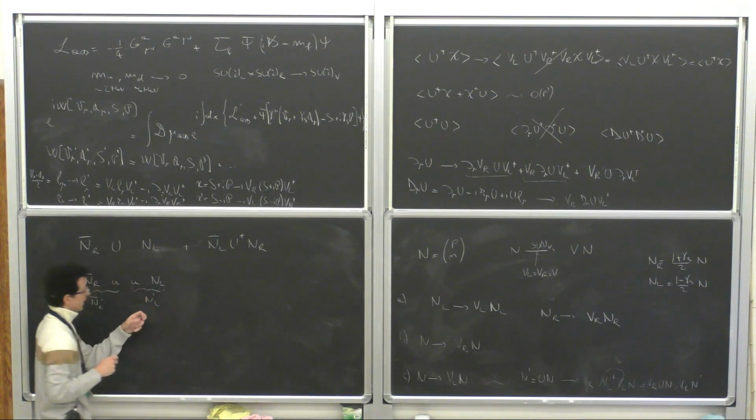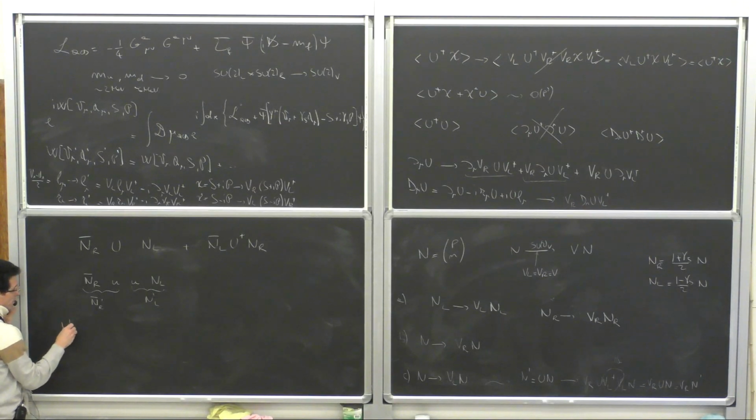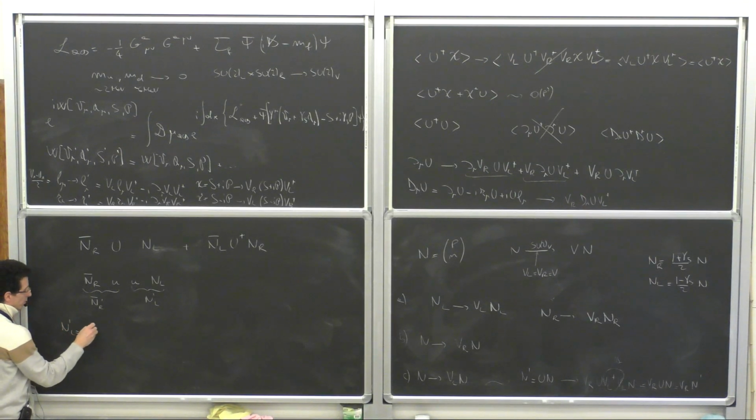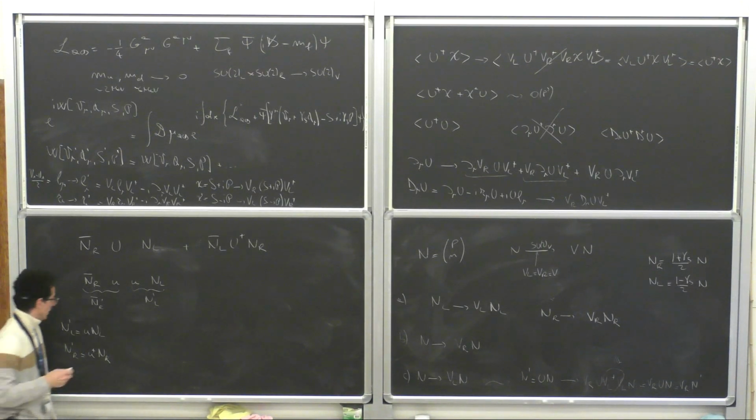First of all, this amounts to n prime L equal to u n L, and n prime R equal to u dagger n R, where small u is the square root of capital U that we talked about, and the dagger is the dagger.